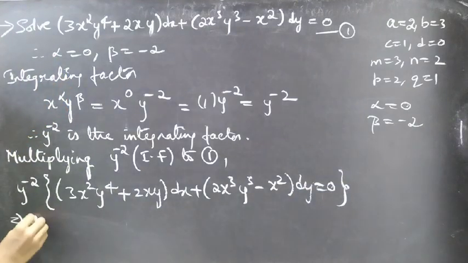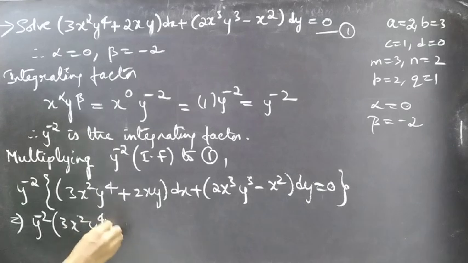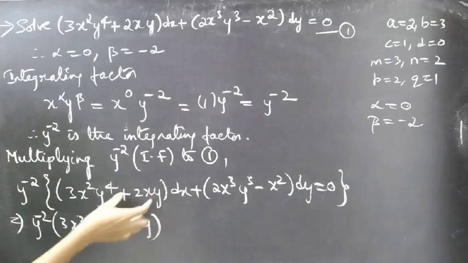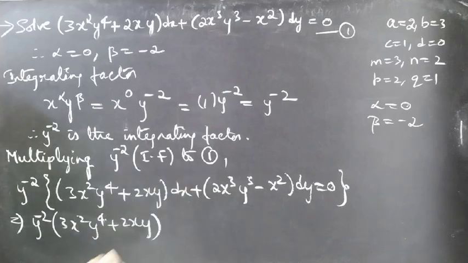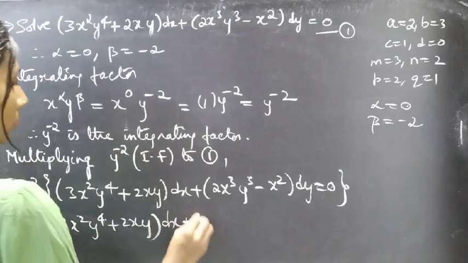This gives us y power minus 2 into (3x square y power 4 plus 2xy), you can just multiply directly to all the terms or you can just write one more step.